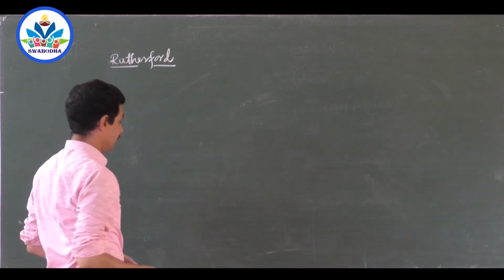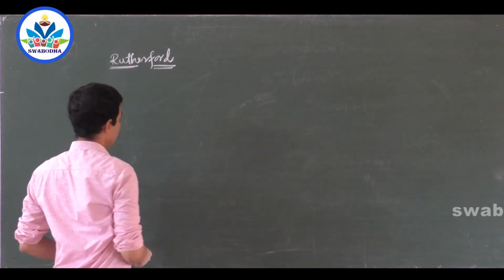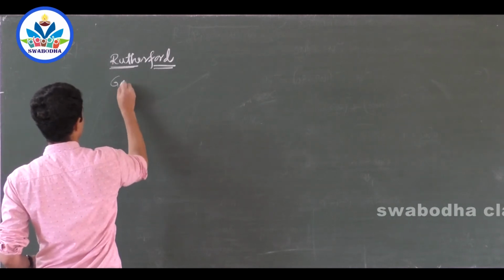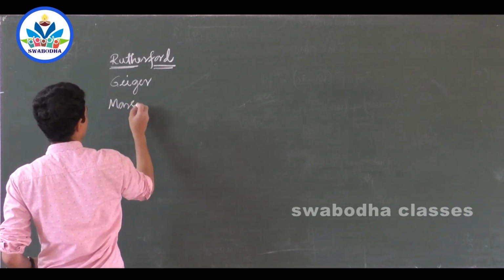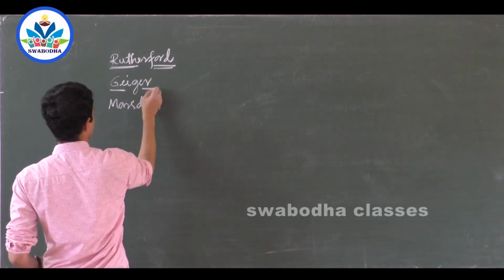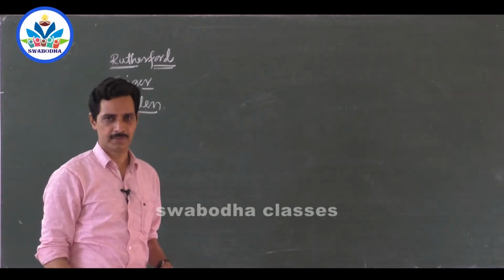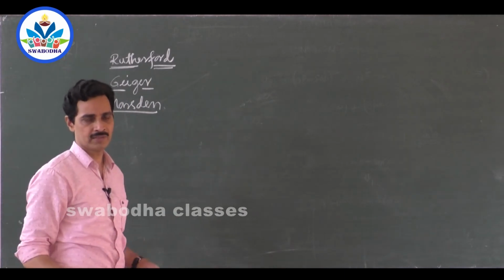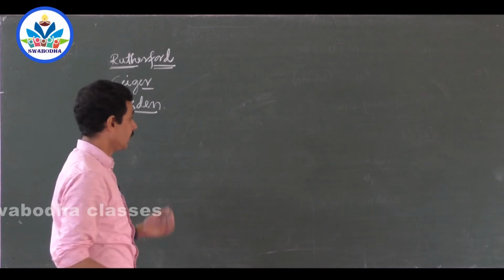Okay, we will see that. Rutherford, Geiger and Marsden, three people, the credit of this experiment goes to them. And the final conclusion was given by Rutherford after observing all the experimental facts. Now, what did they do?